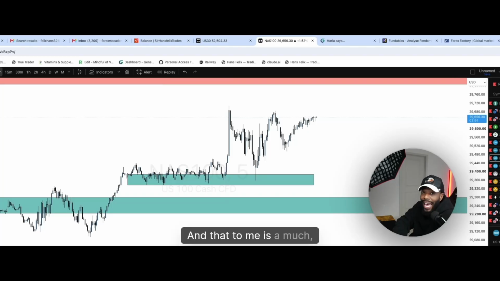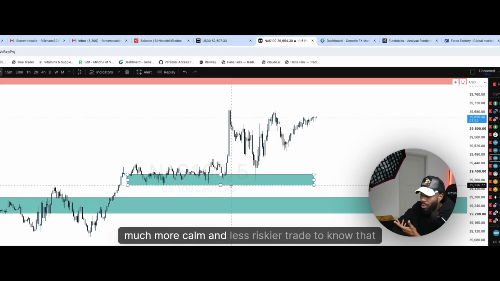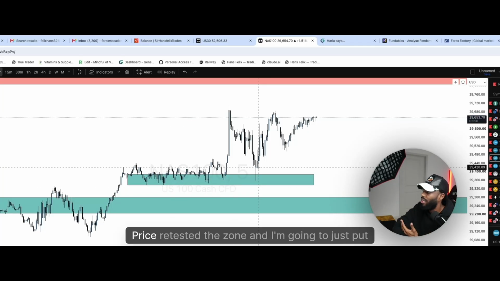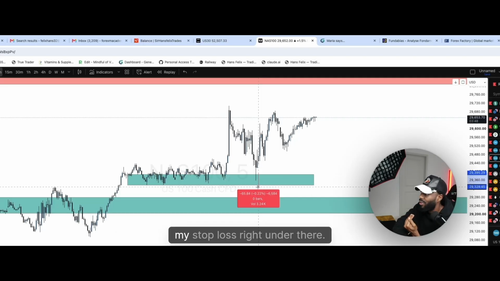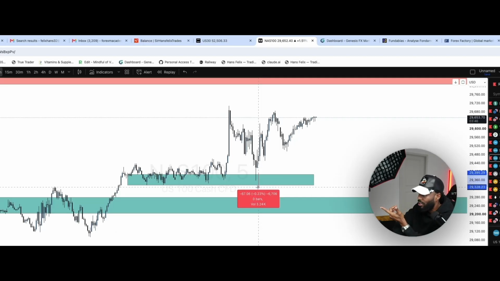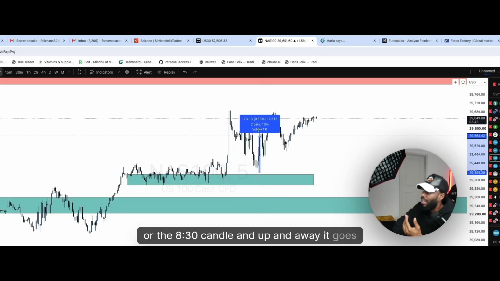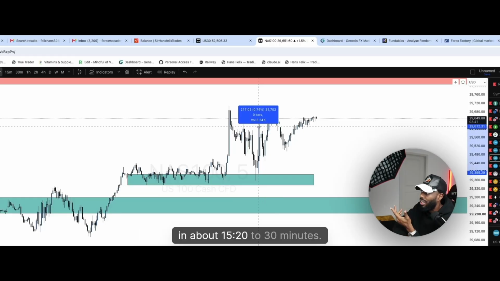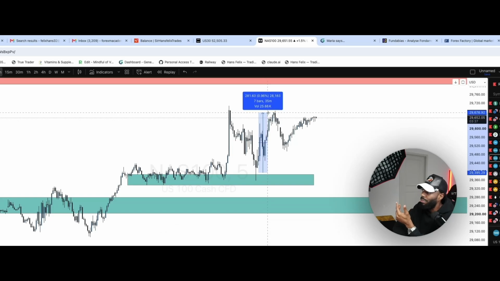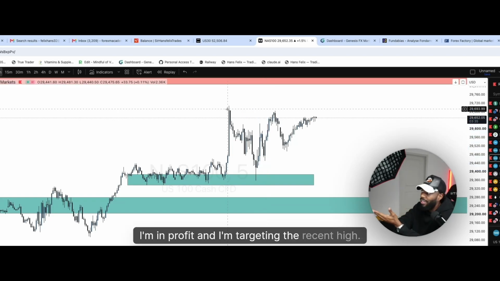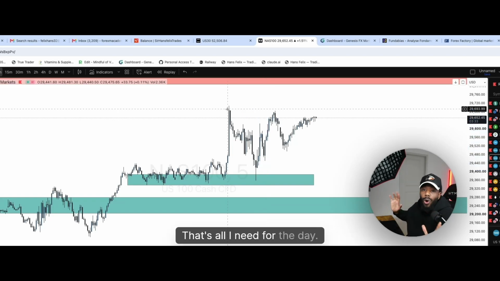To me, that is a much calmer and less risky trade, knowing that price retested the zone. I'm going to put my stop loss right under there, the London low or the 8:30 candle, and up and away it goes. In about 15, 20 to 30 minutes, I'm in profit and I'm targeting the recent high. That's all I need for the day.